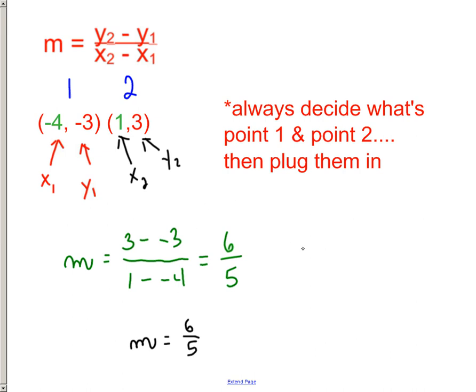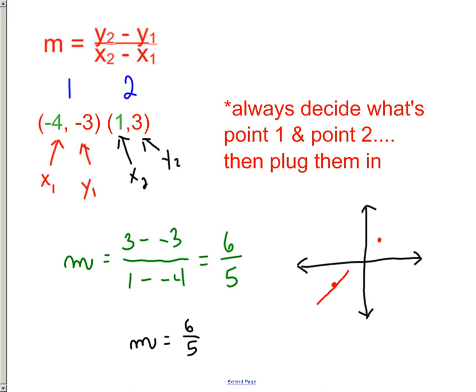Now, just so you understand what's happening, we took 2 points, and I'm going to graph it very generically so you can get the basic idea. It was -4, -3, about right here, and 1, 3 right there.